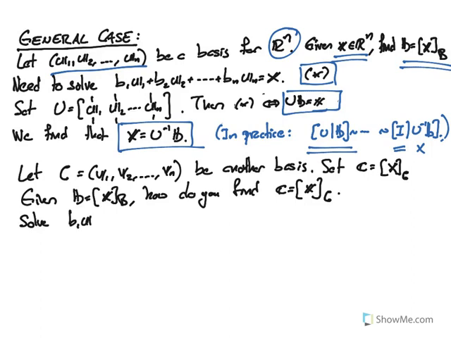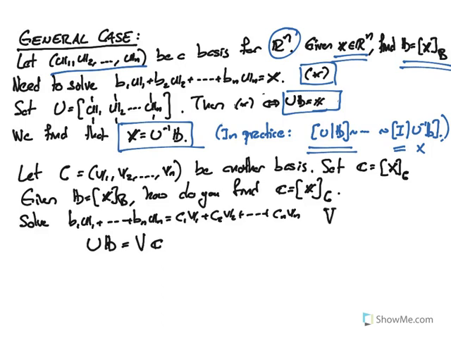Let's say b1 u1 plus up to bn un. So this is the system. We write this as U times b is equal to V times c. Right, so now what did we do?